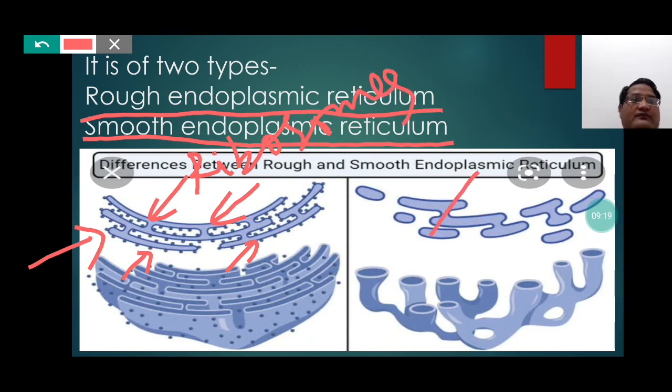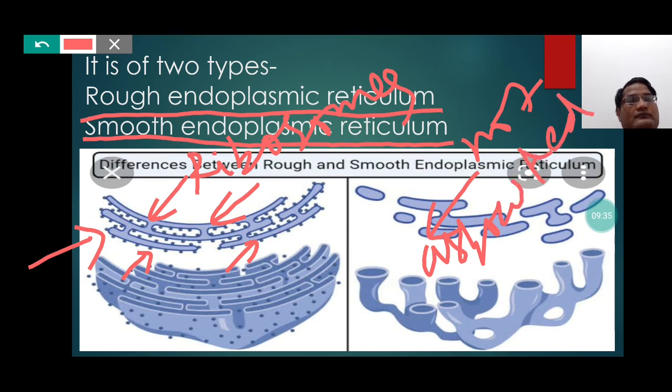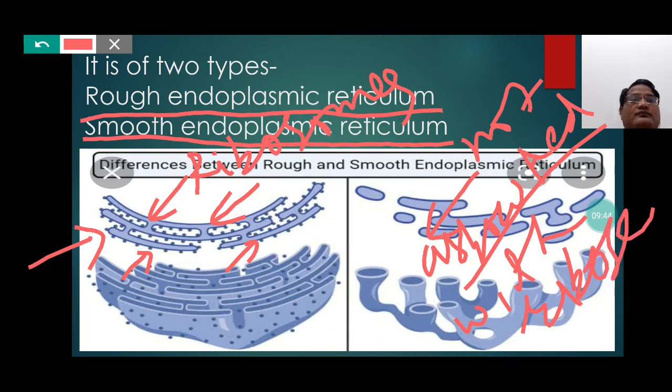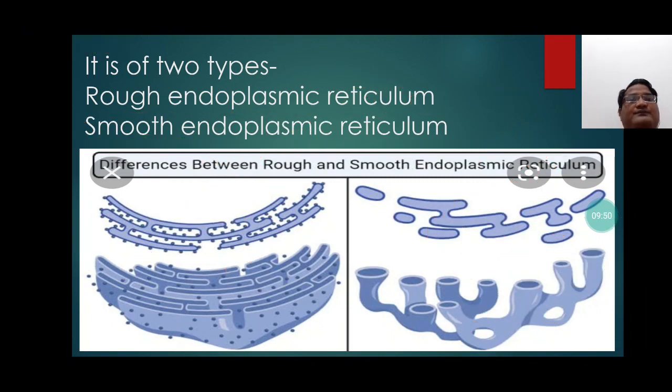Whereas students, here if you notice, then you can easily find that the endoplasmic reticulum is not associated with ribosomes. So students, that's the most important difference between the rough endoplasmic reticulum and smooth endoplasmic reticulum.